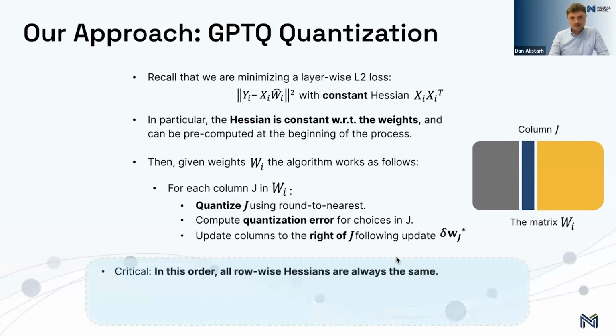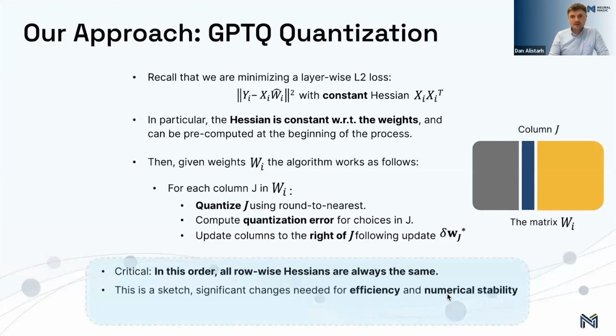And then there are a couple of tricks here. One, all the row-wise Hessians stay always the same, so the process can be implemented efficiently and in a stable manner. And then the asymptotic runtime of this is actually very fast. I can maybe discuss this more in the Q&A if people are interested.